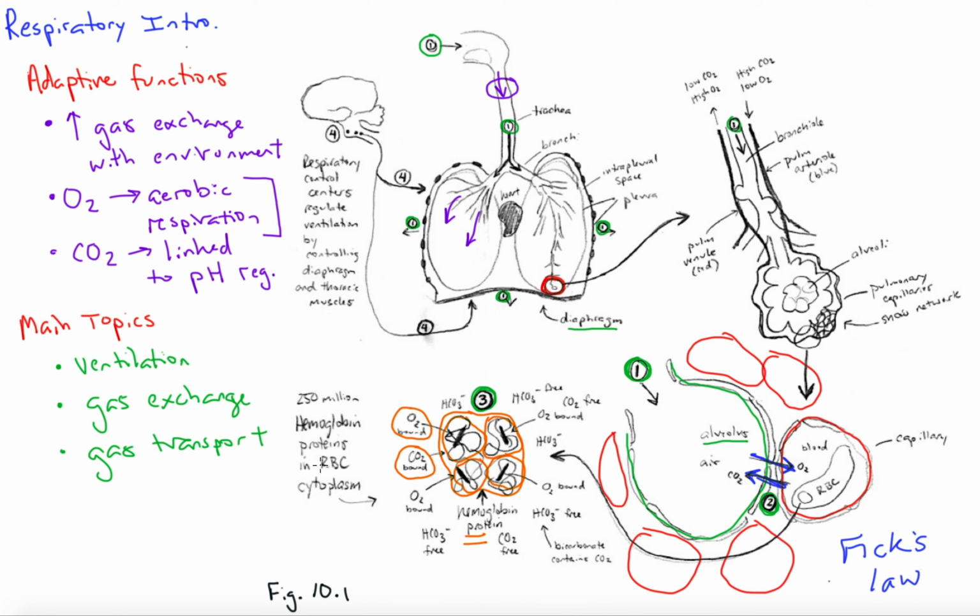Okay, that's gas transport. The last main component of our discussion of the pulmonary system will be number 4 up here, right? So 4 is respiratory control, right?